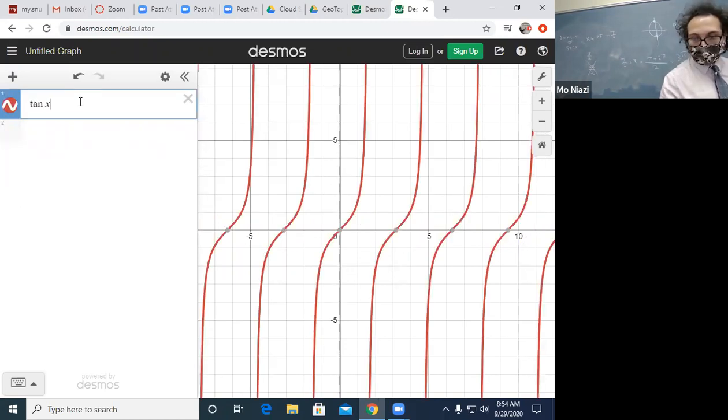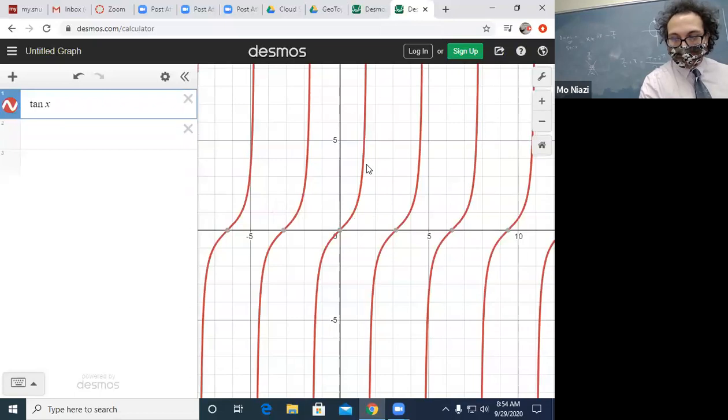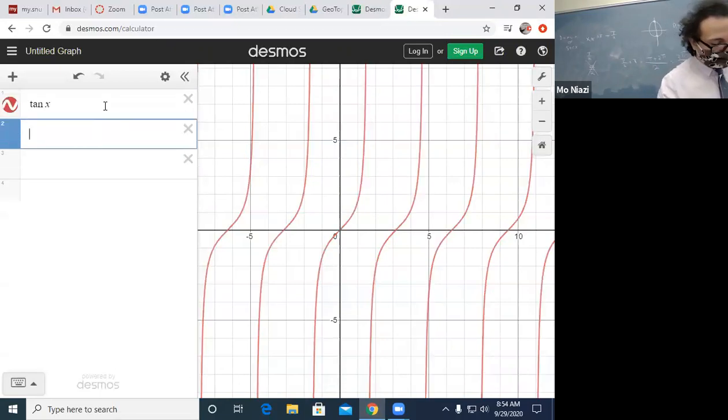Tangent of x. Wait, does everybody understand why tangent of x even looks like this? First, I have to talk about why tangent of x looks like that before I can show you cotangent of x, right? I'll just show it to you real quick.